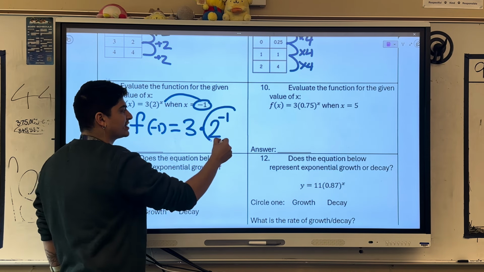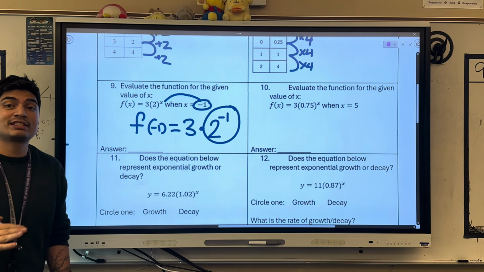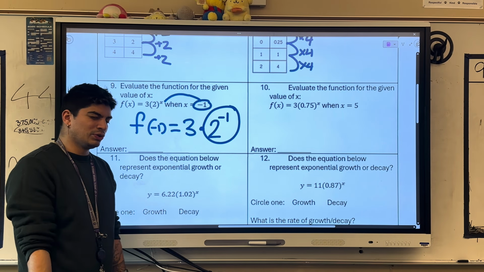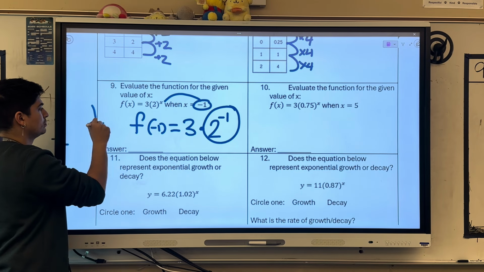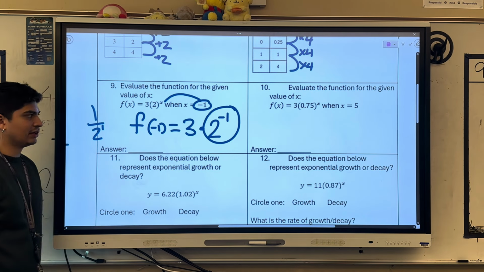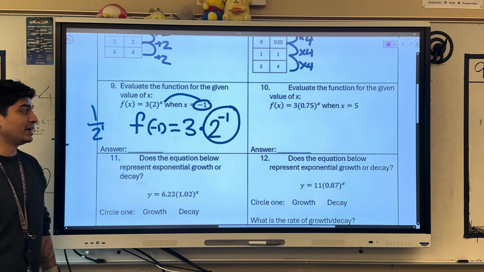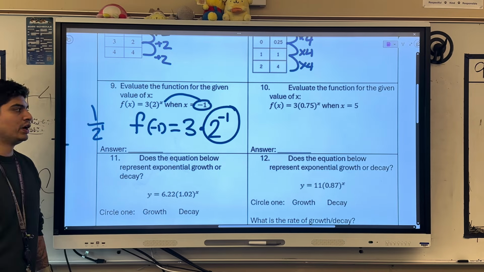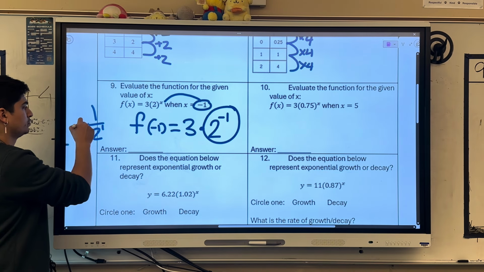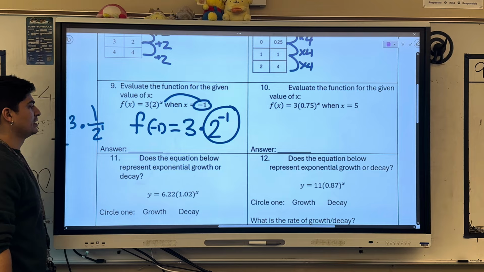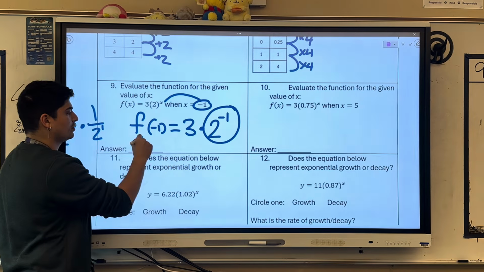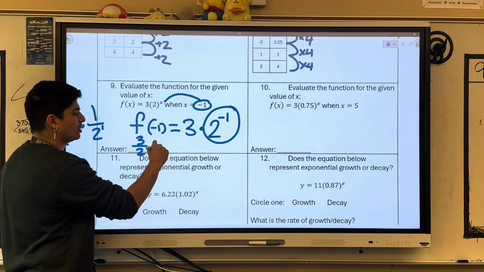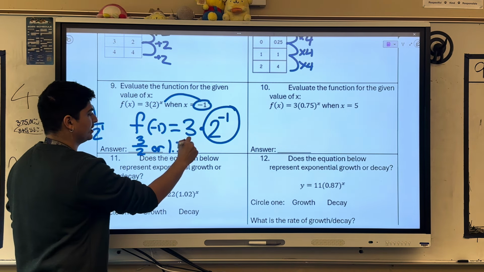Anything that's to a negative exponent, think to your rules, right? It's applied everywhere. This ends up looking like this. It flips. It's becoming 1/2 to the power of 1, or just 1/2. And we still have the times 3. So our answer would be 3 times 1/2, which gives me 3/2, or 1.5 as your final answer.